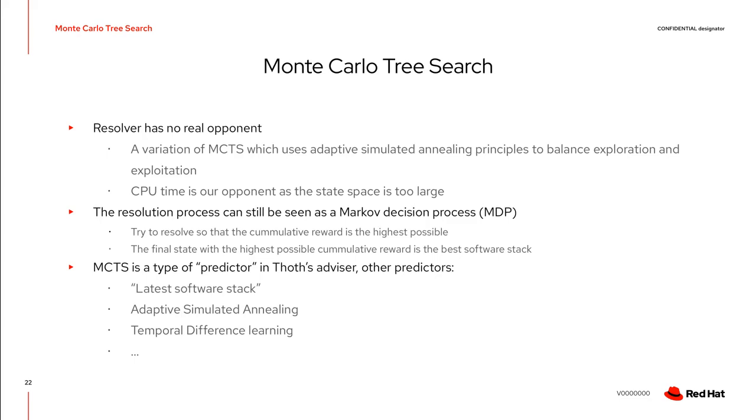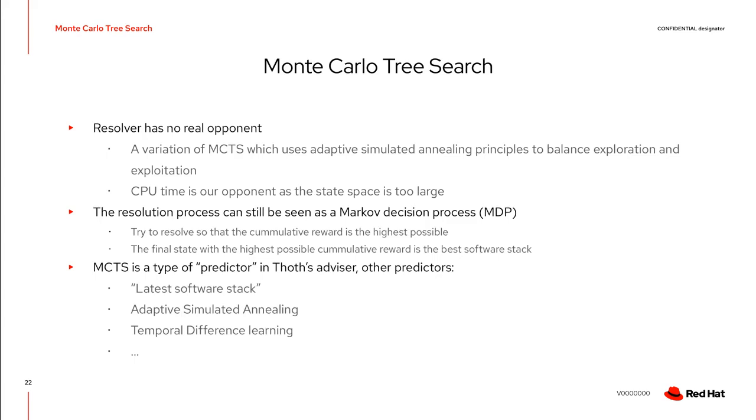If you are familiar with Monte Carlo Tree Search or model-free reinforcement learning methods, you probably know the Markov decision process. I will talk about this process, but basically the whole resolution process is an MDP that needs to be solved, MDP meaning Markov decision process.